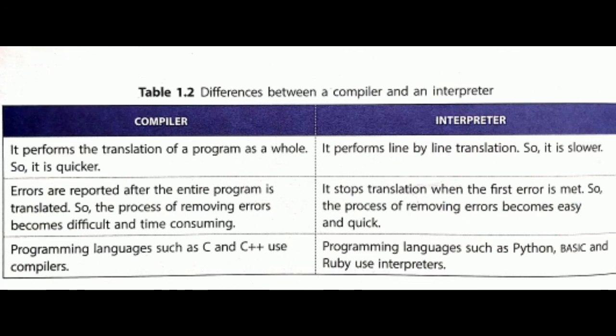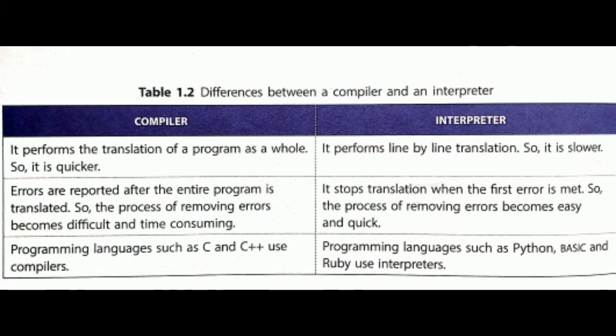Okay. And the third difference is, programming languages such as C and C++ use compilers, and programming languages such as Python, Basic and Ruby use interpreters. Okay, so in languages such as C and C++, the whole program is translated at a time.